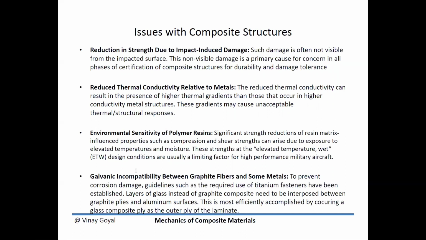It's possible. And so this non-visible form of damage is a primary concern in all phases of certification of composite structures, for durability and damage tolerance in aircraft, launch vehicles, spacecraft.